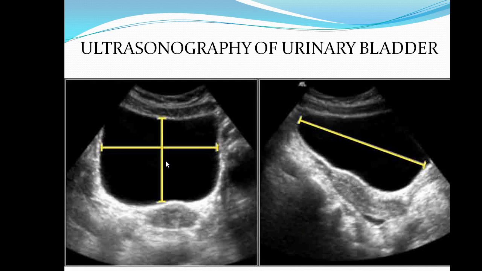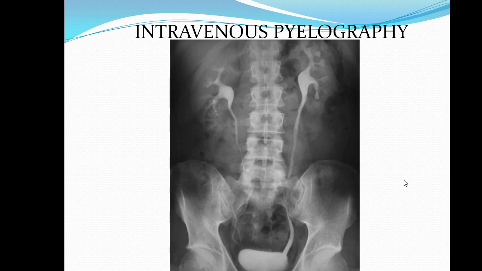The urinary bladder can be visualized ultrasonographically and the size of the bladder can be measured. This is an X-ray of intravenous pyelography, and here you can visualize the urinary bladder in the pelvis, the ureters, the renal pelvis and the kidney.